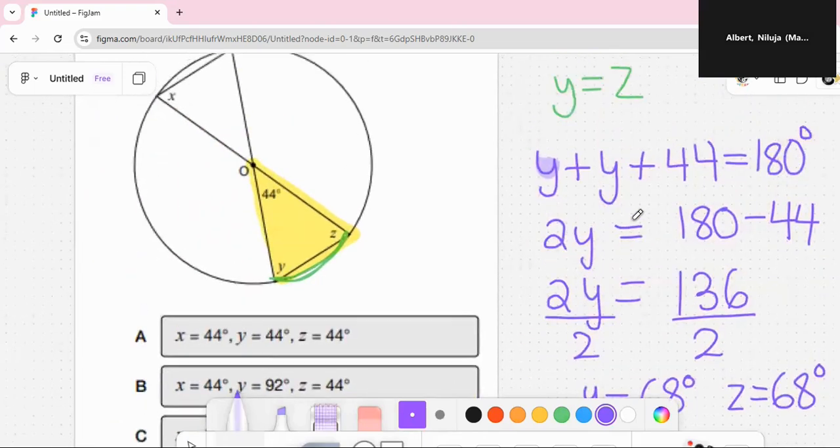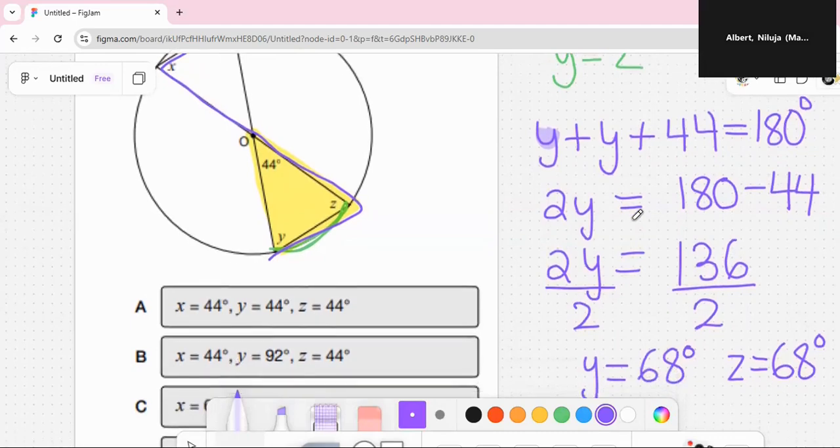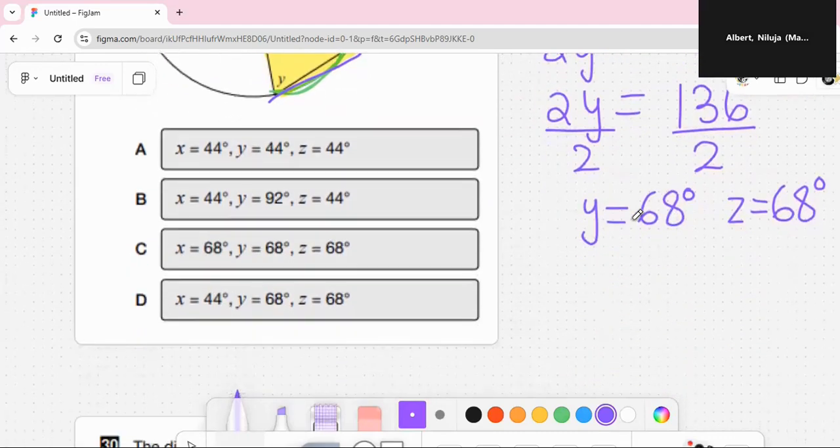So that leaves x. Now, by this z pattern, I know that x and z and y have to be equal, also with angles in the same segment, angles subtended by the same arc. So my only possible answer is C. X, Y, and Z are all 68 degrees.